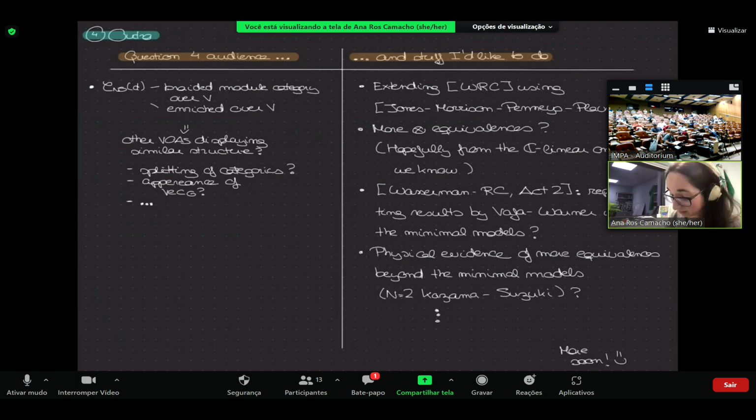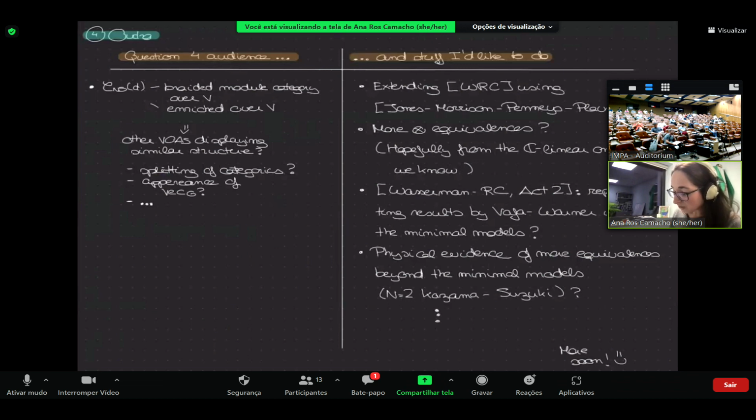And so, has anybody observed any splitting of the categories, any appearance of VecG or VecG omega? That is kind of cheating, in the sense that we observe this in categories of representations of some VOAs, like the lattice VOAs, or in some results by Allen and Wood, who also prove there are some pointed categories related to the Heisenberg VOA. But have you seen something like this? Because it's beautiful.